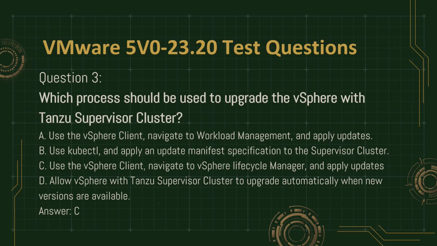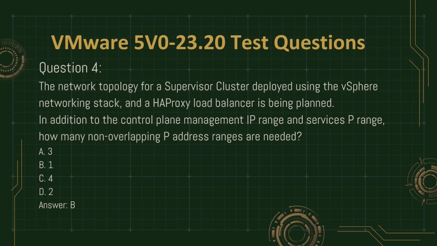C. Use the vSphere client, navigate to vSphere Lifecycle Manager, and apply updates. D. Allow vSphere with Tanzu Supervisor Cluster to upgrade automatically when new versions are available. Answer. C.